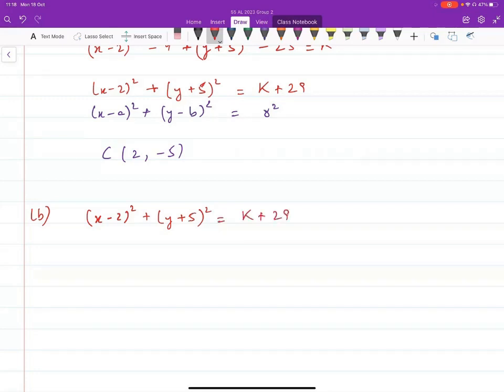What are the possible values of this k? Any idea? What about k plus 29? What should this whole thing be? This represents r square, right? This is r square of the radius. What do you think this should be? Can k plus 29 take any value?